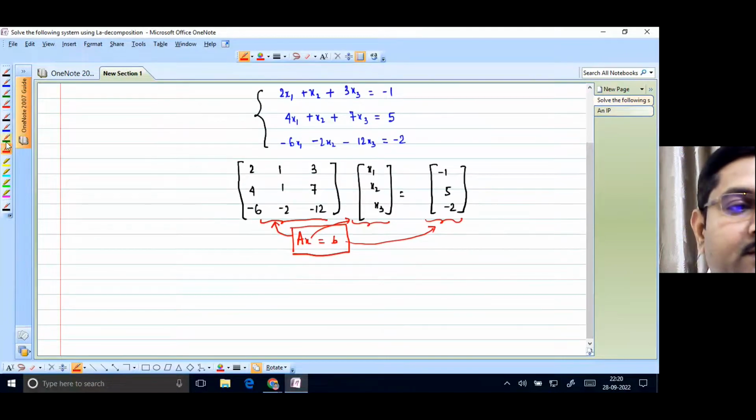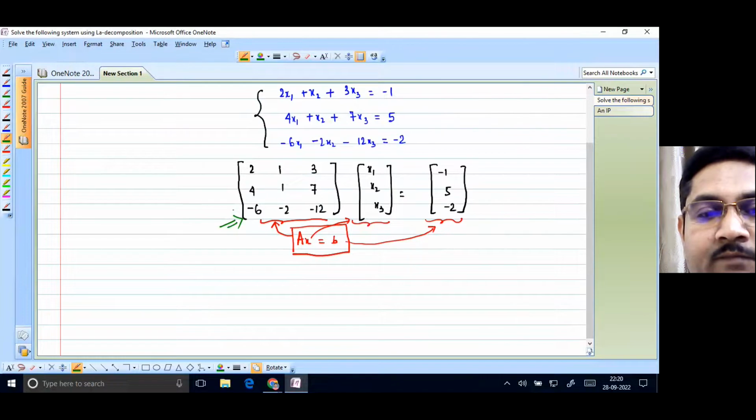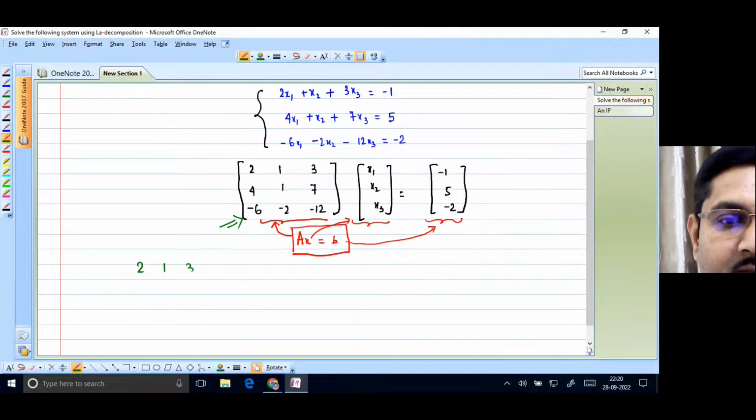Once you write this, I am interested in decomposing A into the product of lower and upper triangular matrix. And we will keep care that whenever I am writing A as a product of L and U, I will use ones on the diagonals of L. So first of all, I will start with A: 2, 1, 3, 4, 1, 7, minus 6, minus 2, minus 12.